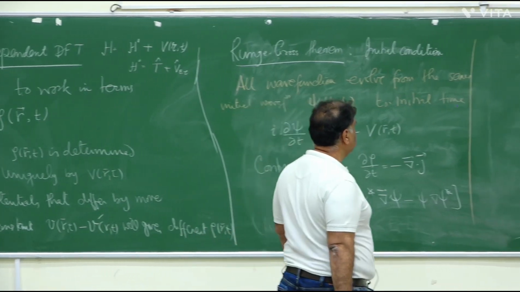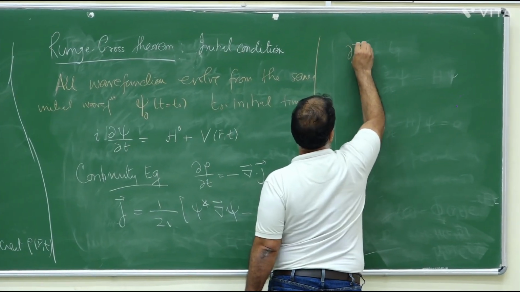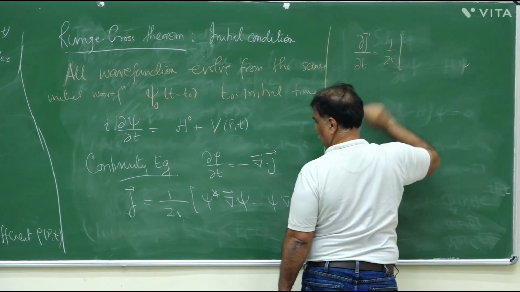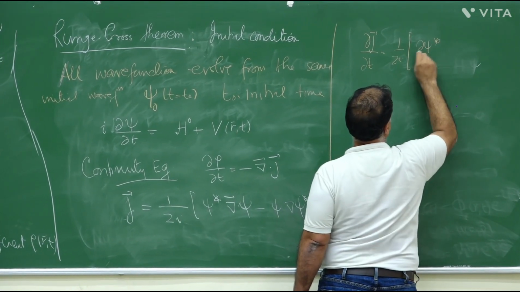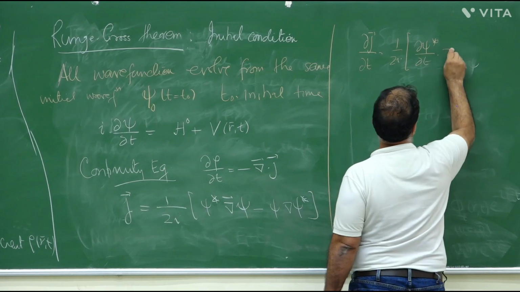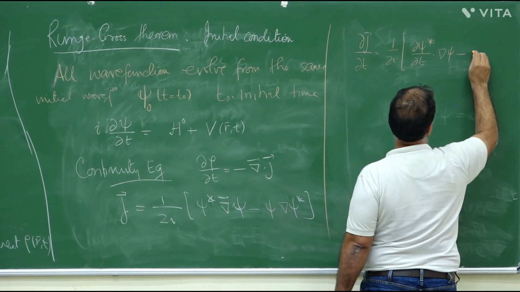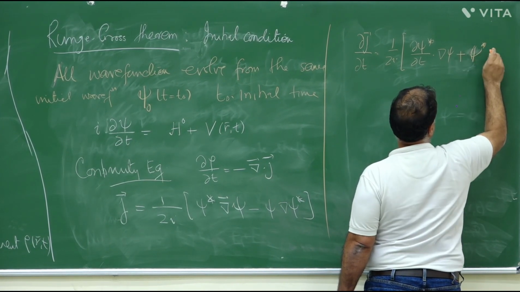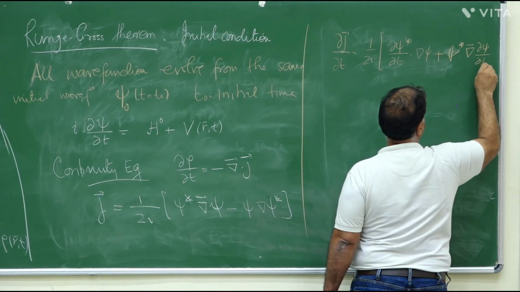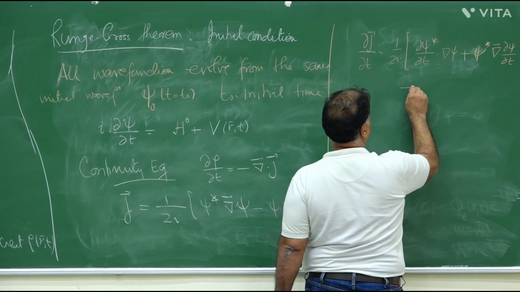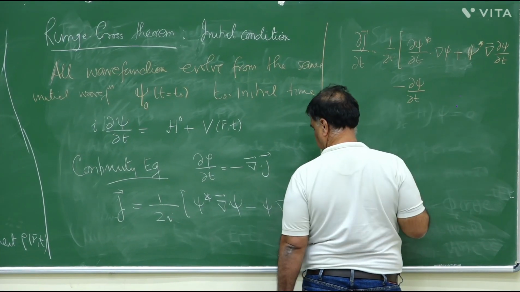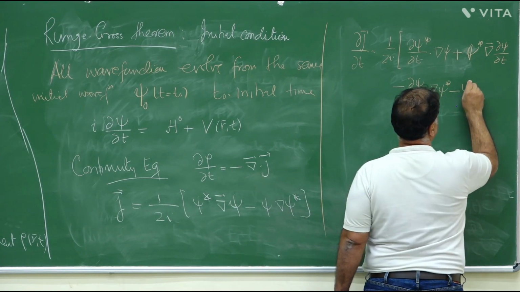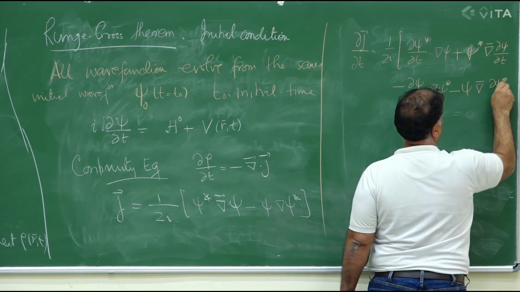So let's calculate partial j, partial t, which is going to be equal to 1 over 2i, d psi star/dt grad of psi plus psi star grad of del psi over del t, minus del psi over del t grad of psi star minus psi grad of del psi star over del t.